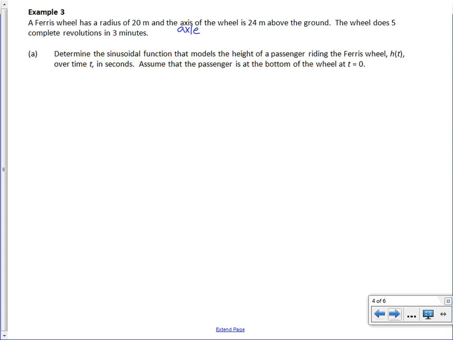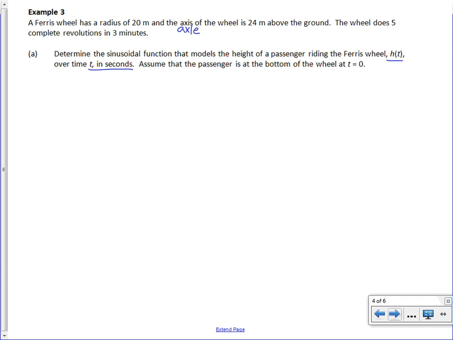The wheel does 5 complete revolutions in 3 minutes. So again, all the info is in those first 2 sentences. Determine the sinusoidal function that models the height of a passenger riding the Ferris wheel, h at t, over time t in seconds. Assume the passenger is at the bottom of the wheel at t equals 0.